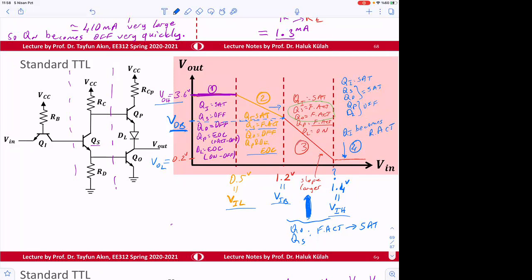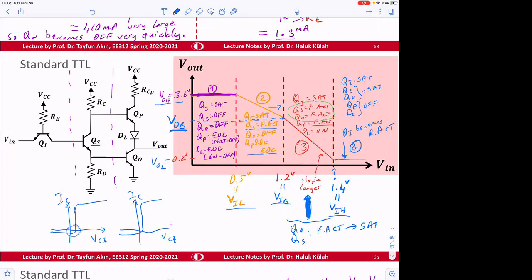If we keep increasing Vin, QI becomes reverse active. But again, finding that exact point is not going to be possible, because SAT to reverse active, remember, the model was here. This was the representation. In fact, the real thing is like, it comes like this, and then it goes like this. So this was V collector emitter and then IC graph.